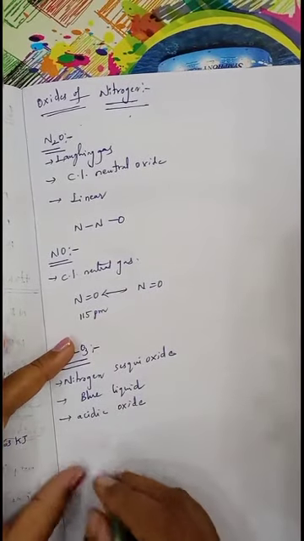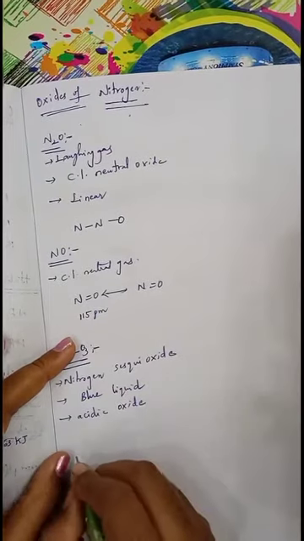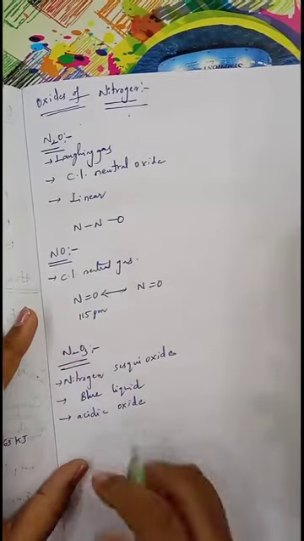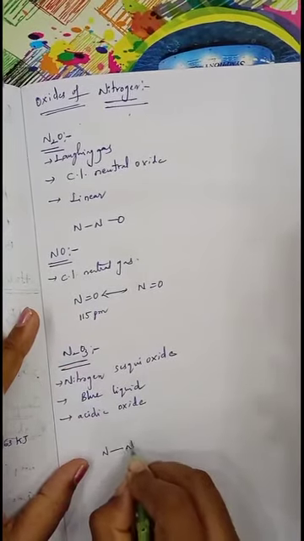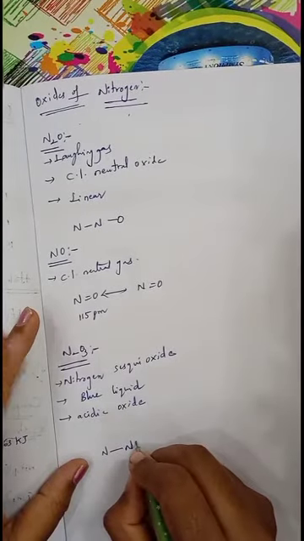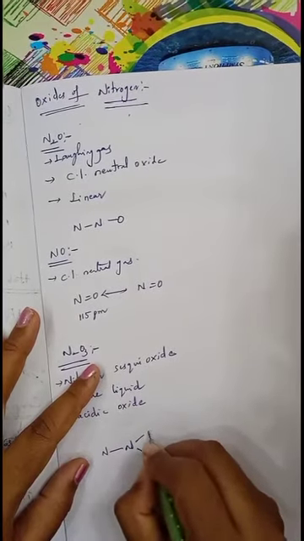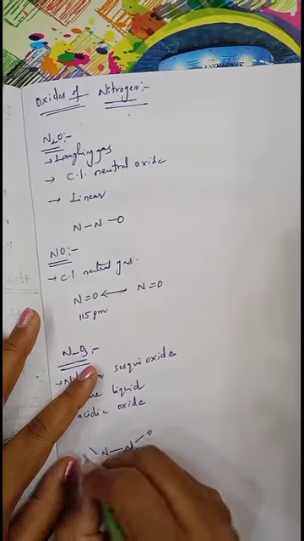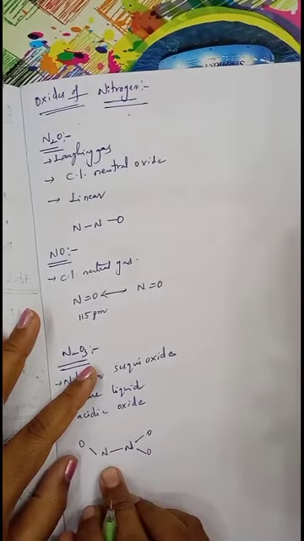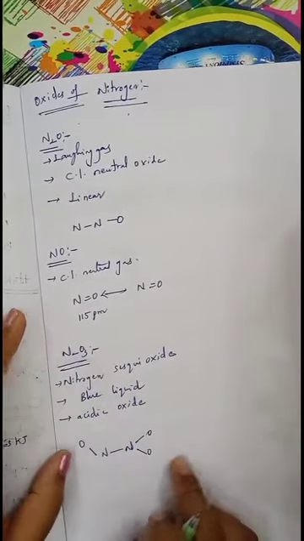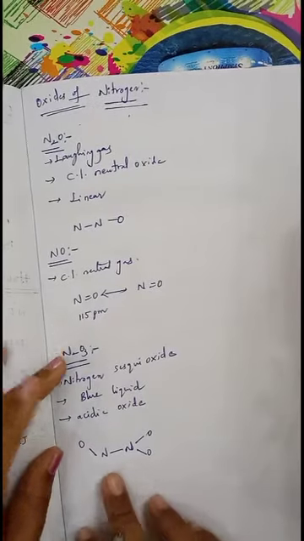Okay, now we'll see its structure. If you see the structure, it has two nitrogens attached by a single bond, and among the three oxygens, two oxygens are present on one nitrogen, and another oxygen is present on the second nitrogen. So that is about the structure of N2O3, that is nitrogen trioxide.